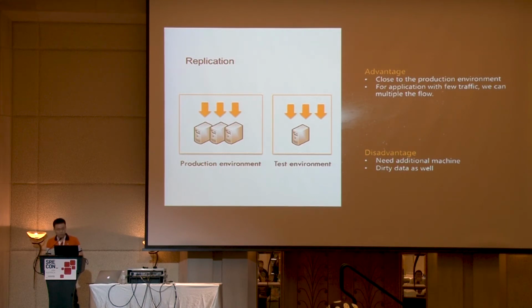Because of the unreal problem detected in the simulation method, one improvement method is replication. Requests are recorded from online machines and then sent to another test machine. Replication is more accurate compared to simulation because the requests are all real. However, replication also has to deal with the infection of write requests.